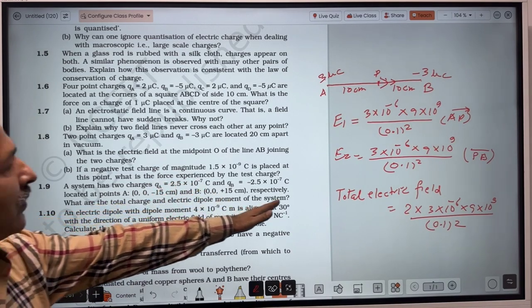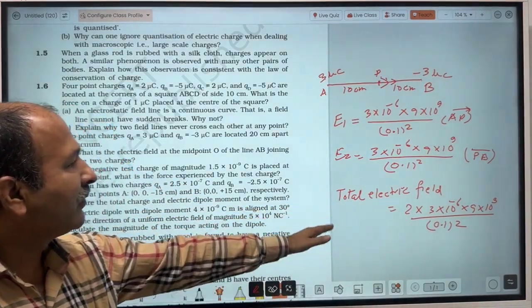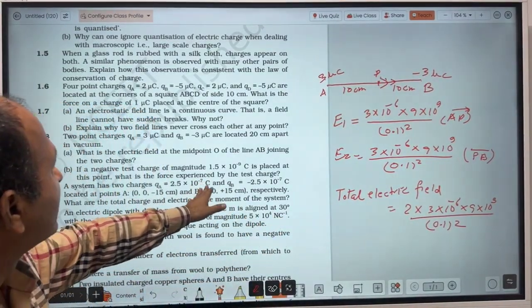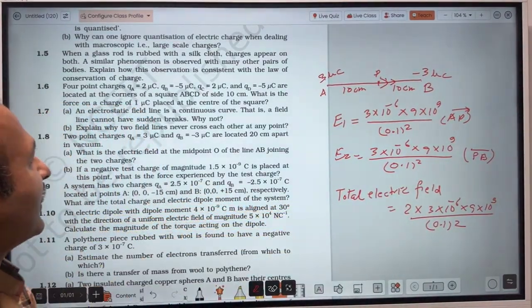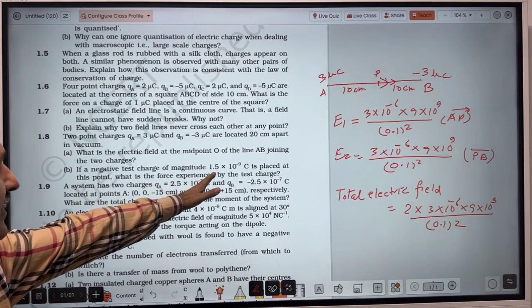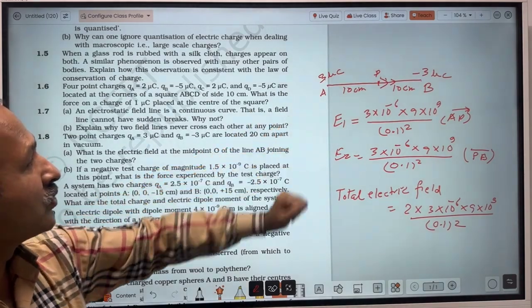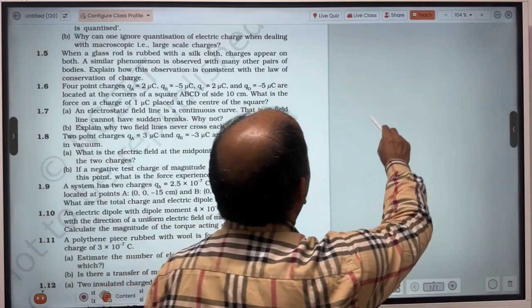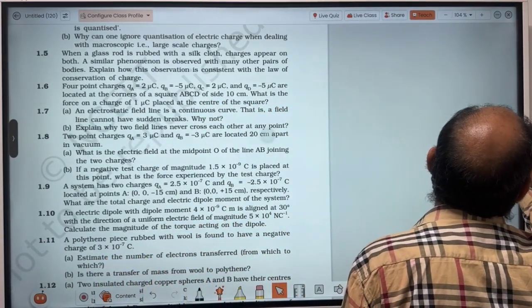Whatever value of electric field you have found, just multiply this test charge by that value and you will get the force. Or you can calculate separately the force on this charge due to the other two charges. I am going to show you how to calculate, although I will not do the full calculation.